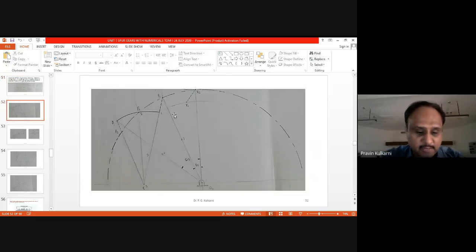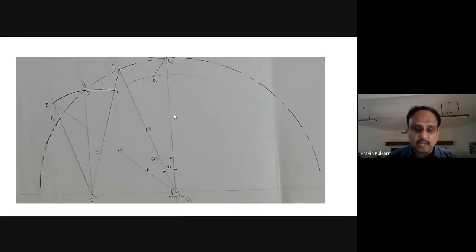In the drawing sheet, let me enlarge. In the drawing sheet, what do you do? From O1, locate this center C at a distance of 60 millimeter. It is given in the problem. Next, from this center C, draw a faint circle of radius 60 millimeter. I repeat, from O1, locate point C at a distance of 60 millimeter.